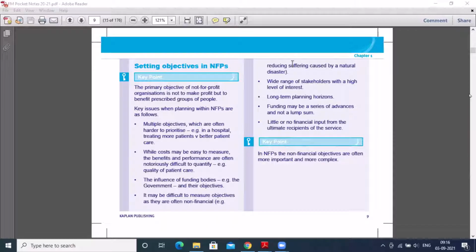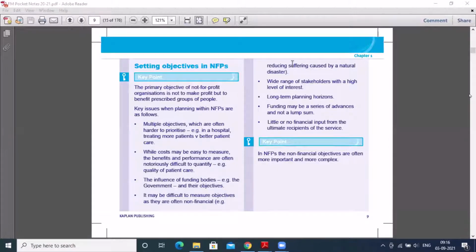The main objective would be converting that hospital into a multi-specialty hospital. So the long-term planning objective would be converting it into a multi-specialty hospital and providing the best quality service at a minimum price.